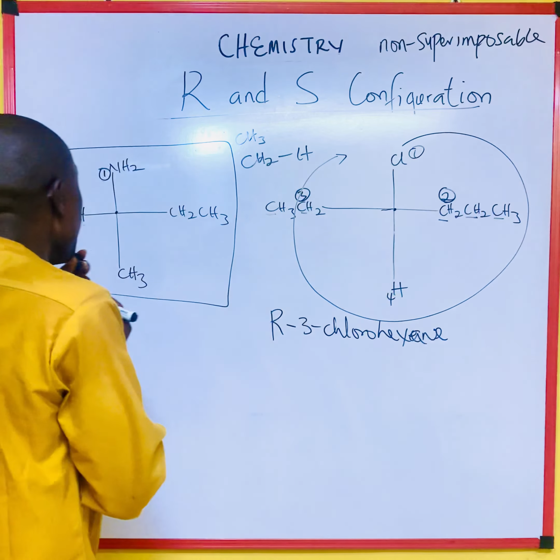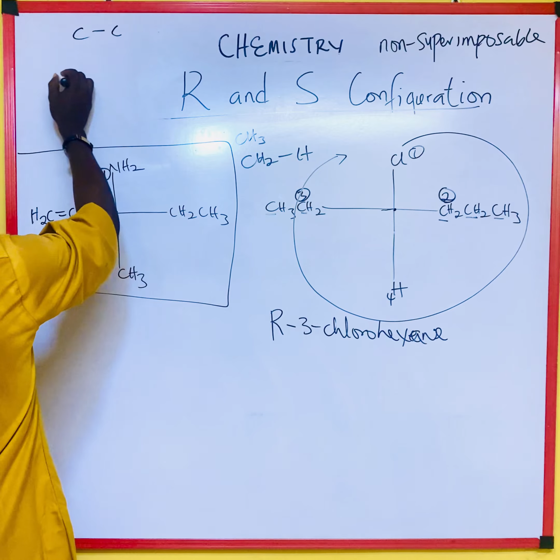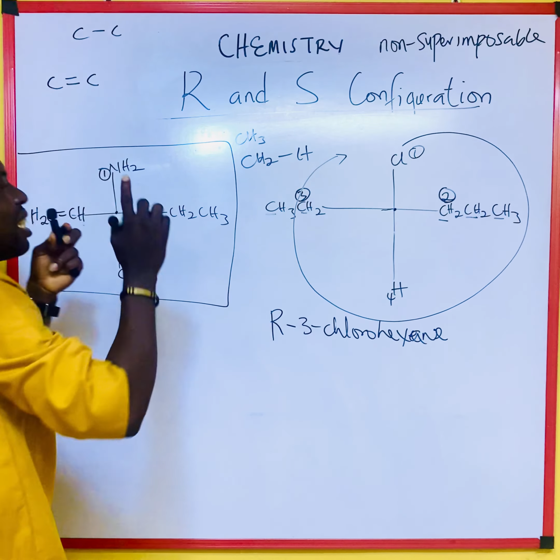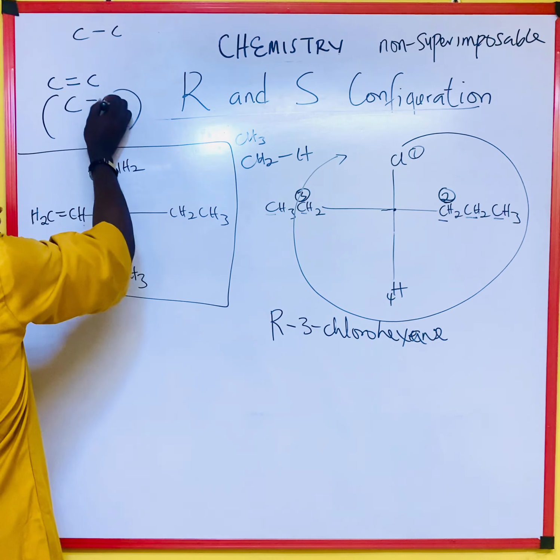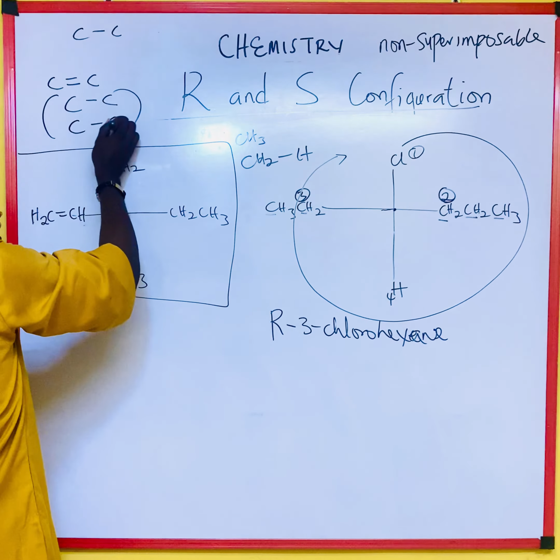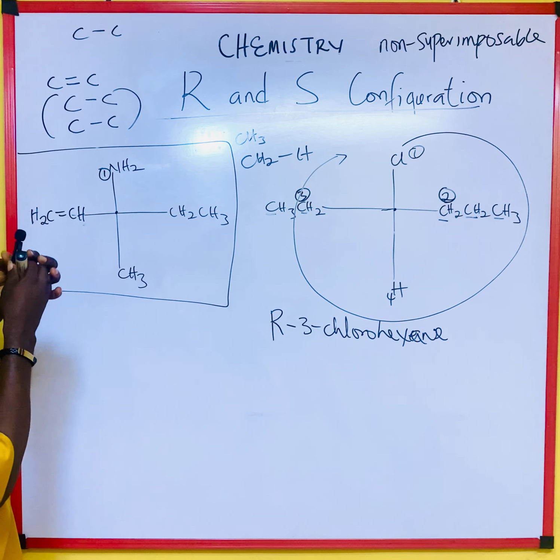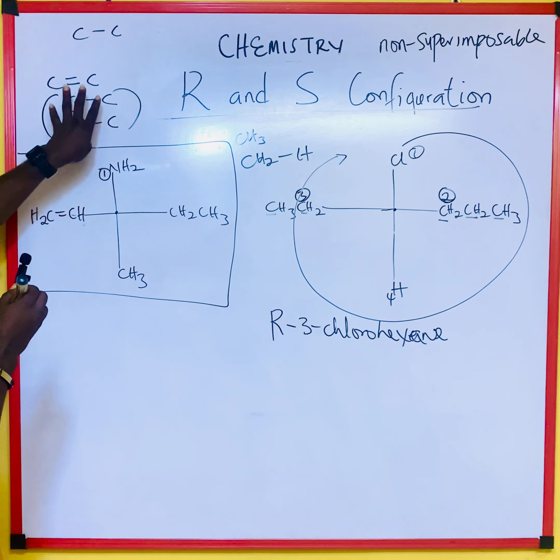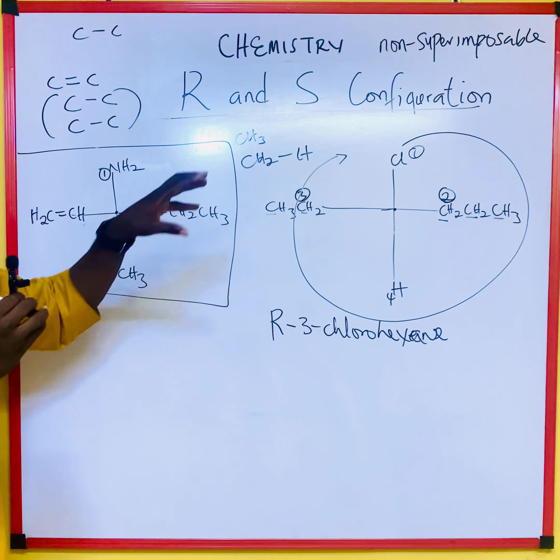Now this is it. Take note that I'm having carbon single bond there, right? Now take note, for every carbon double bond, it is taken like this: carbon single for one, carbon single for another one. So a carbon double bond has 4 carbon in trying to determine the R and S configuration.